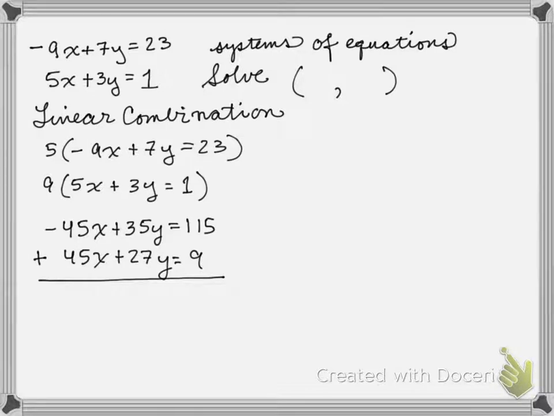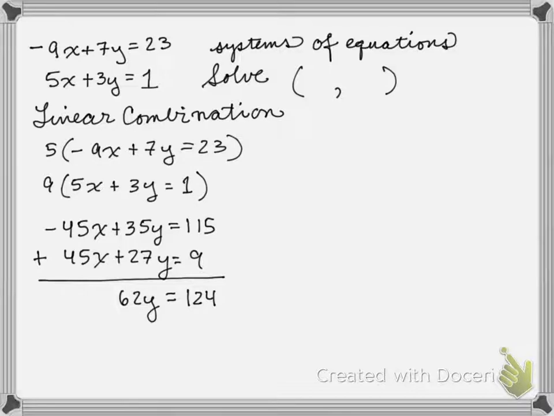And that'll be negative 45 plus 45, which will be 0. And I'll do 35 plus 27, which will be 62y. And I will do 115 plus 9, which will be 124.